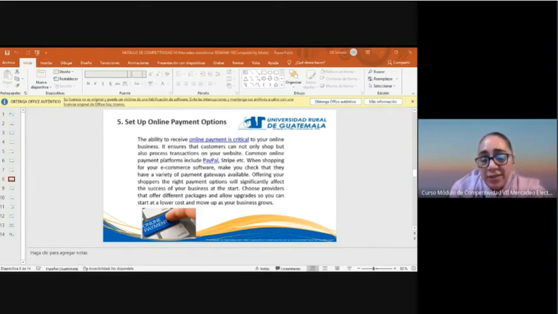Remember that all that has some percent of cost also. Offering your shoppers the right payment option will significantly affect the success of your business at the stores. You have to choose providers that offer different packages and allow upgrades so you can start at lower cost and move up as your business grows.